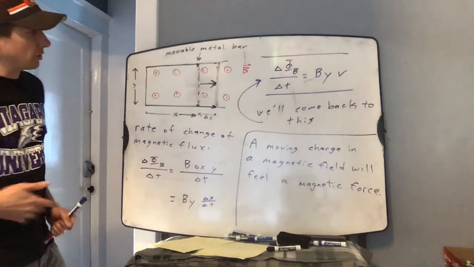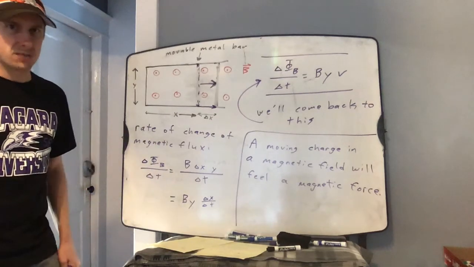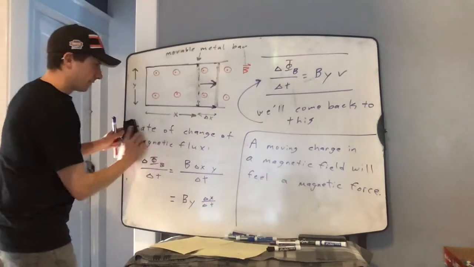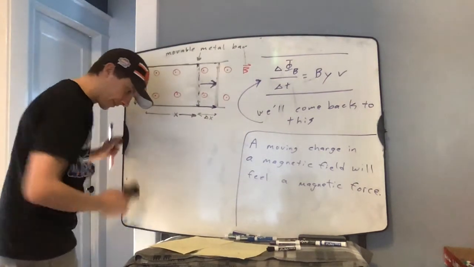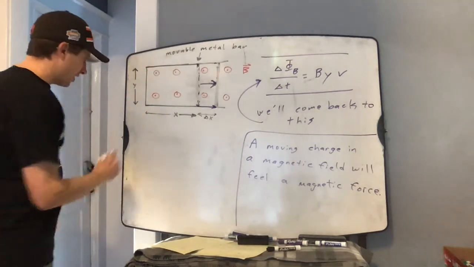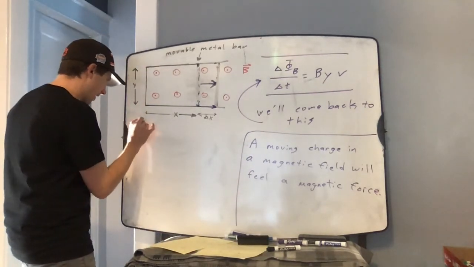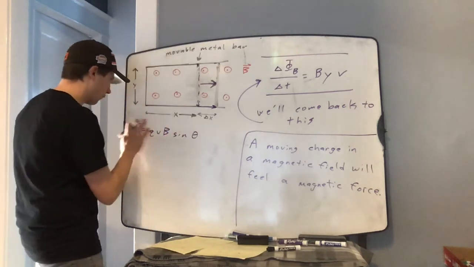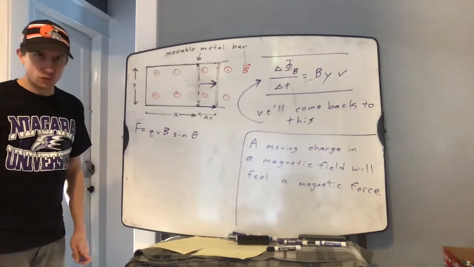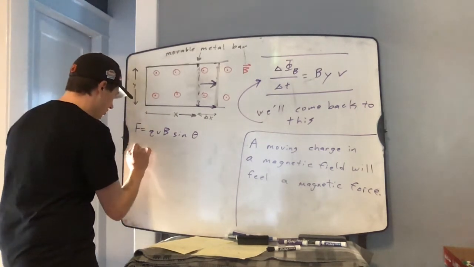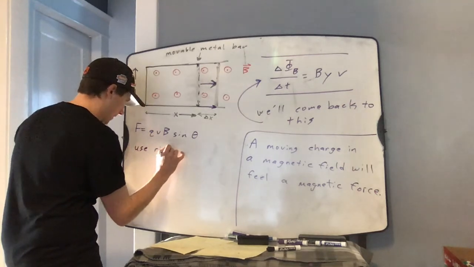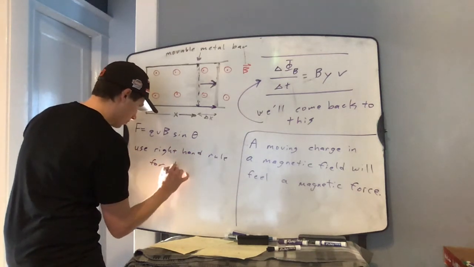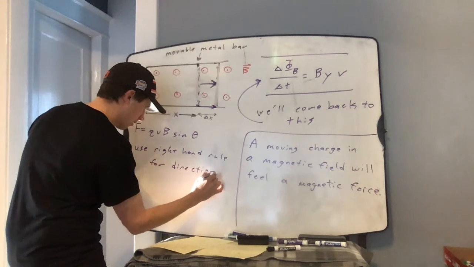So the electrons in the metal bar are going to feel a magnetic force because the electrons in the metal are moving in a magnetic field. So we said we had F equals QvB sine theta for the magnetic force, and we use the right-hand rule to find the direction of the force.